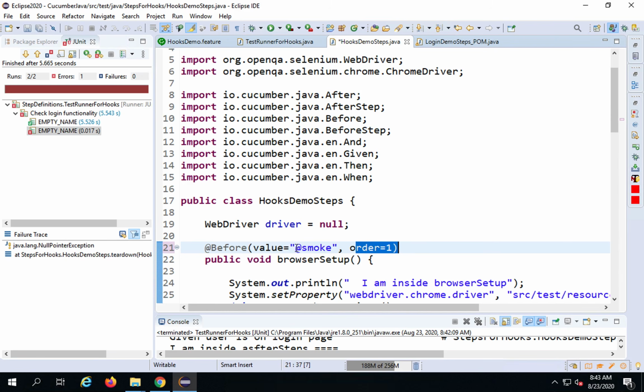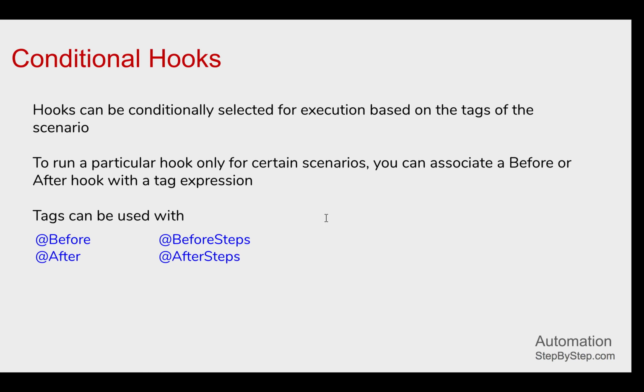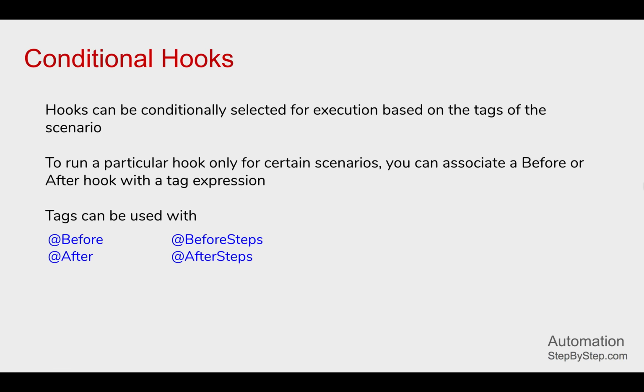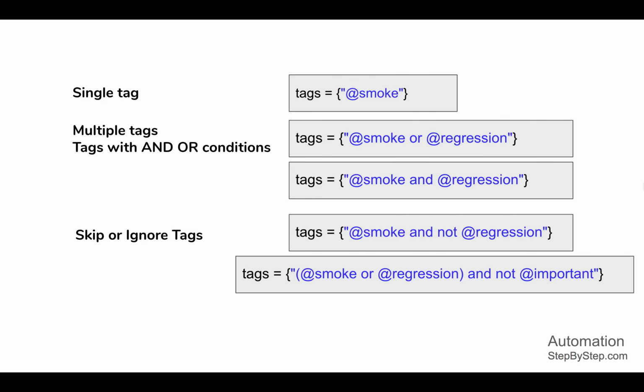So this will work with order as well. So you can use conditional hooks, or you can use hooks with tags, and it will work for all the hooks, all these annotated functions. And if you have to use tags along with order, this is the syntax how you can use it.